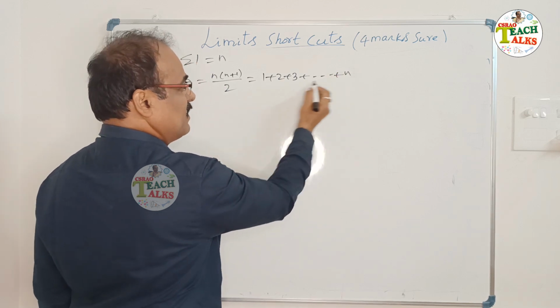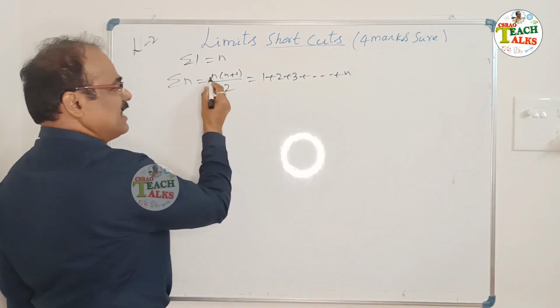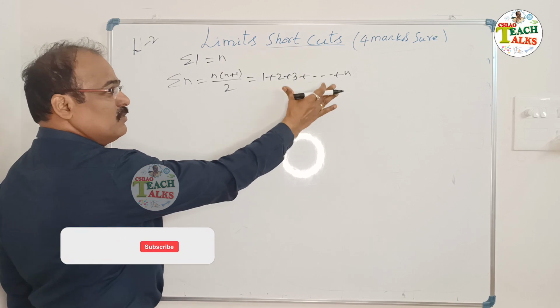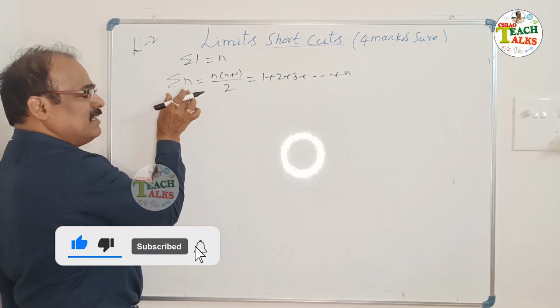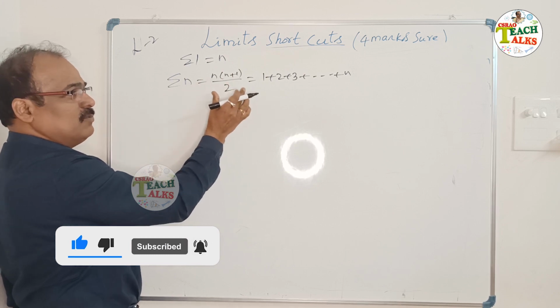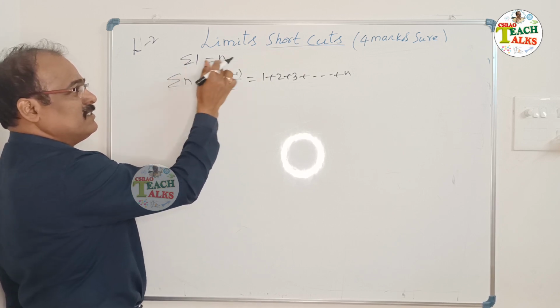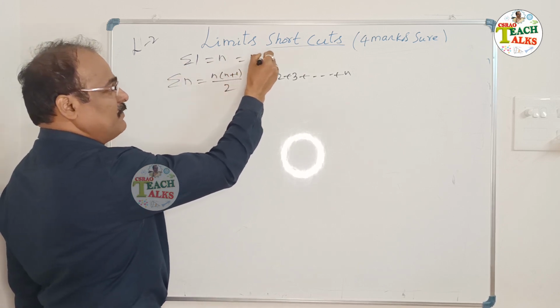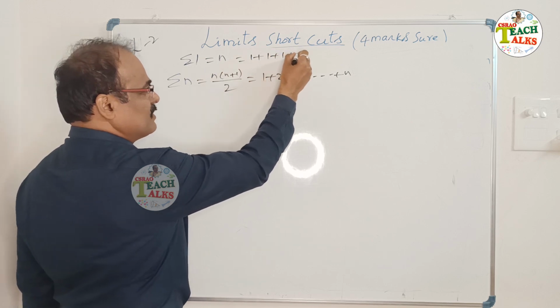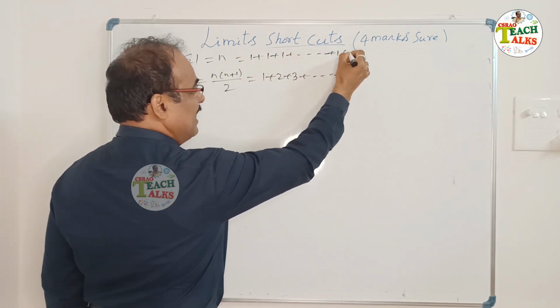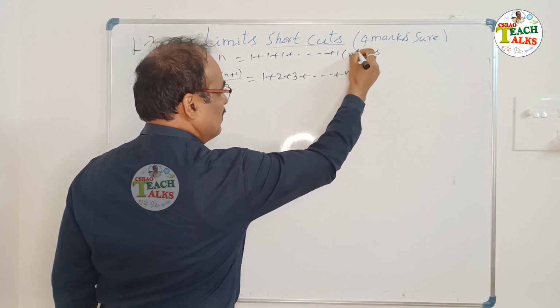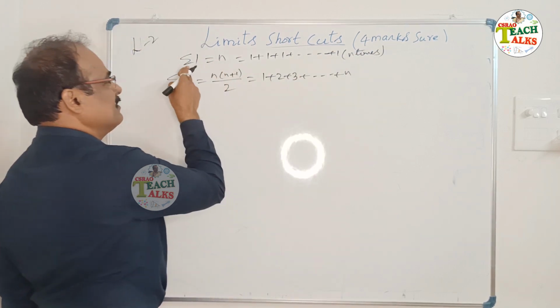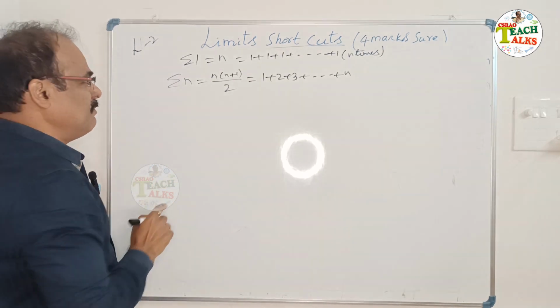You can use this one. Sigma 1 means n: if you add 1, n times, n times 1 is n only. That is sigma 1. You remember this one.